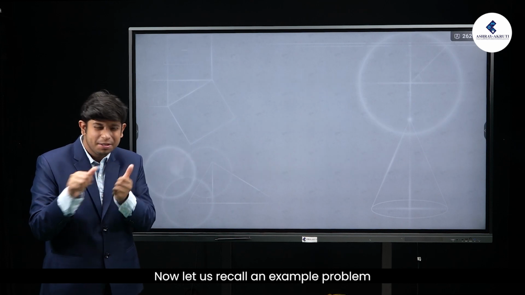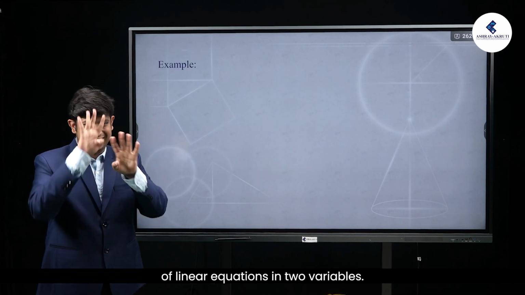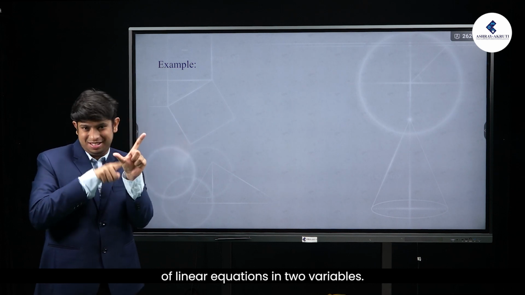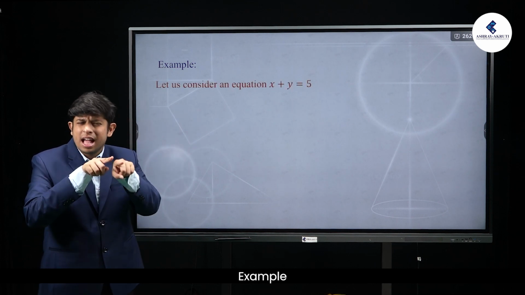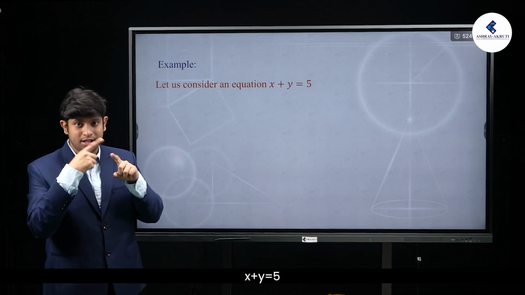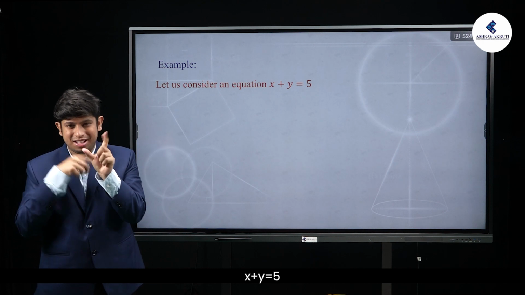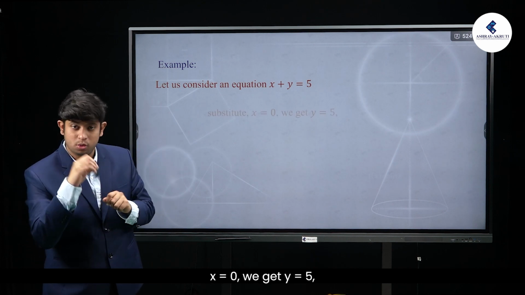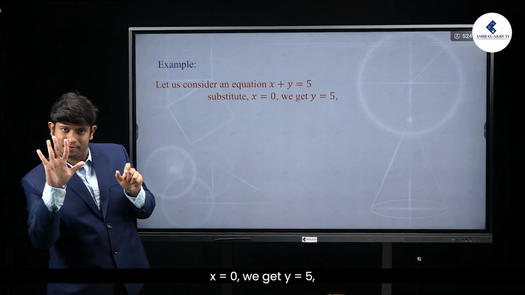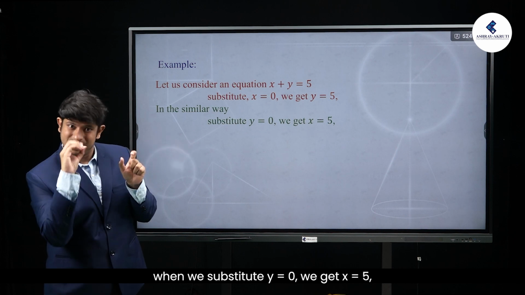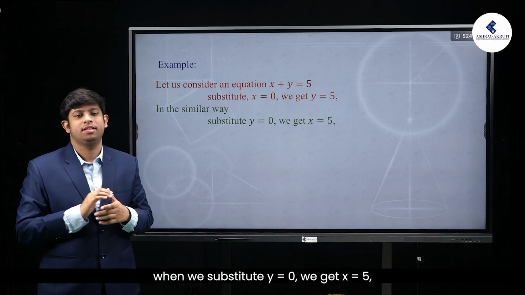Now, let us recall an example problem of linear equations in two variables. Example: let us consider an equation x plus y is equal to 5. When we substitute x equal to 0, we get y equal to 5. In the similar way, when we substitute y equal to 0, we get x equal to 5.